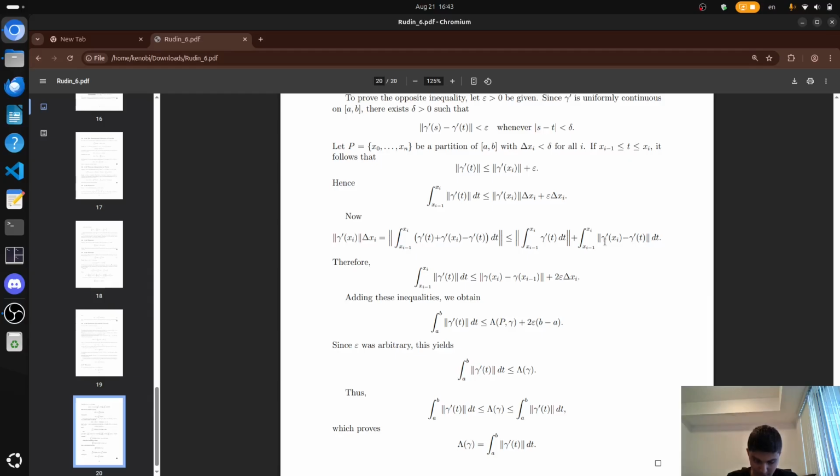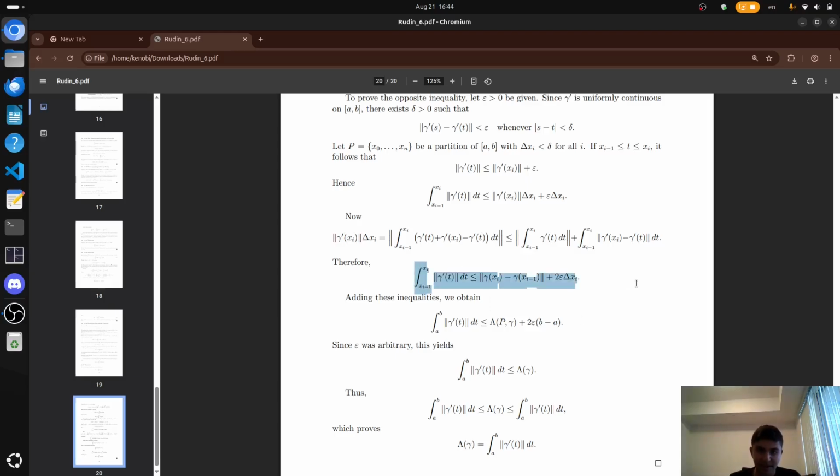So this is going to give you epsilon delta xi plus this other epsilon delta xi, which is going to give you 2 epsilon delta xi.